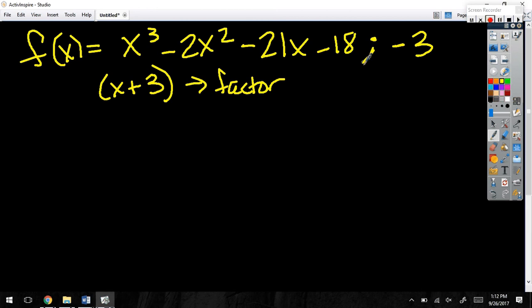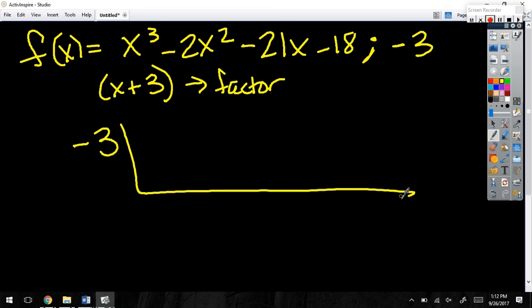Okay. So now, by interpreting what the zero is, I found a factor. And if I have a factor, I know I can factor completely and set each piece to zero to find the other zeros. So you do the -3. All right, here's where I'll caution you, because here's where students mess up.